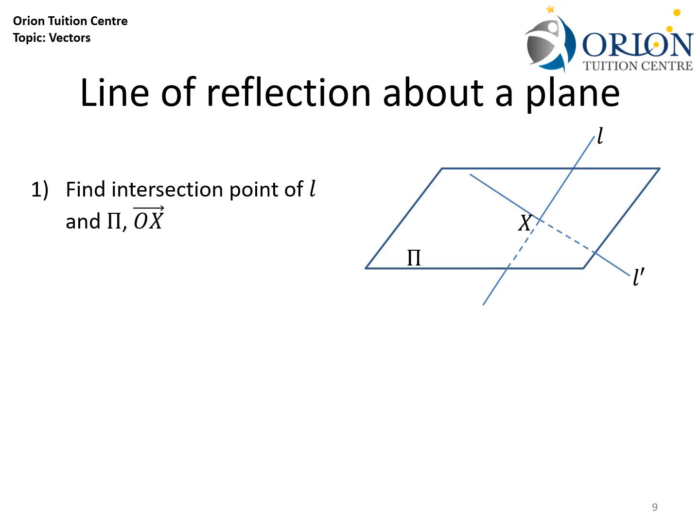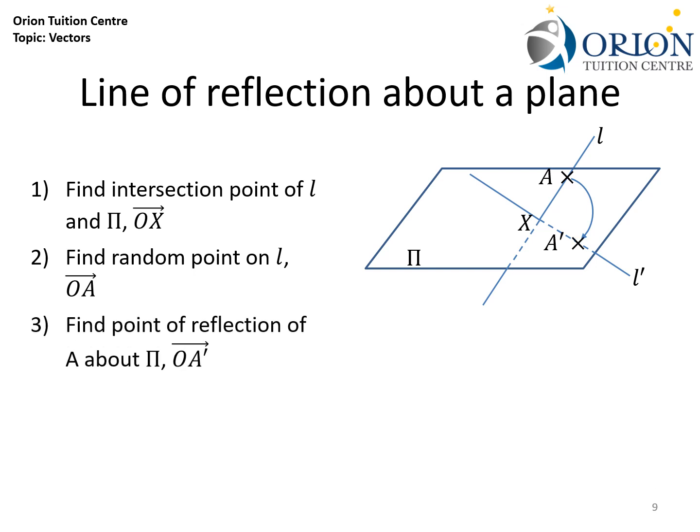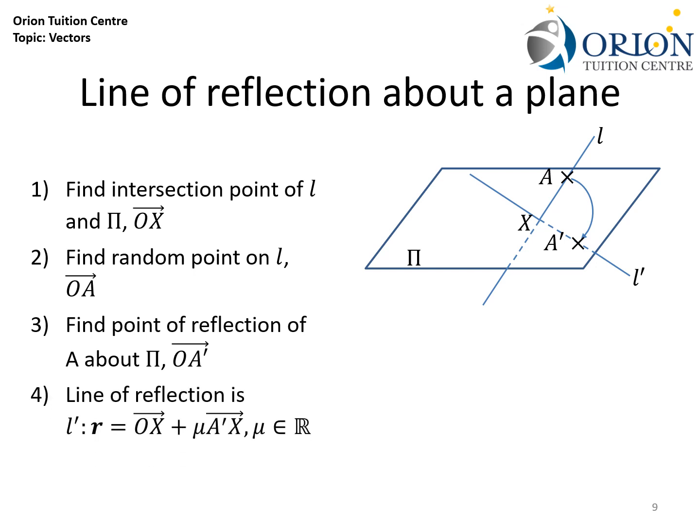Next, to obtain another point on the reflected line, we can find a random point, point A, on the original line, then reflect it about the plane to get point A prime. The point of reflection A prime will be a point on L prime. Therefore, we can form the direction vector of line L prime as vector A prime X, and the equation of the line is thus OX or OA prime plus mu times A prime X.